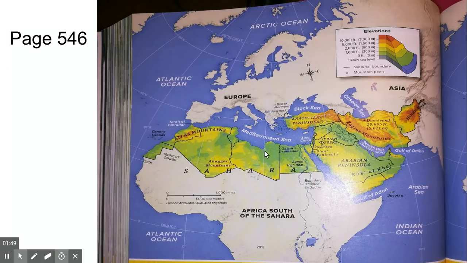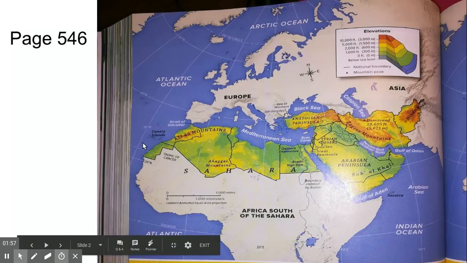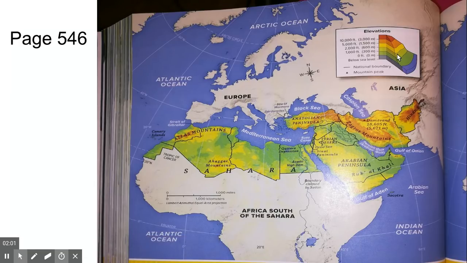So what we would see right in here, where you have a sea meeting the land, or the ocean meeting the land, this would be sea level. And then as our colors change from green to a yellow green to a yellow to an orange and then finally red, that's where we're going up in elevation.